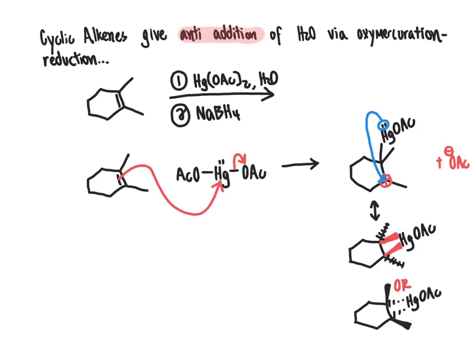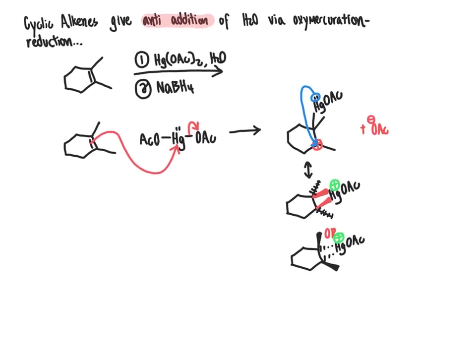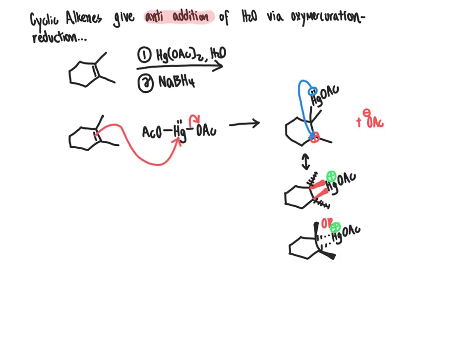I also need to keep in mind my formal charges. So I'm going to fill in formal charge +1 on the mercury here and here. Now the importance of this is that remember those 3-membered ring structures are major resonance contributors. And so they're going to have a major impact on what the stereochemical outcome of this reaction is.